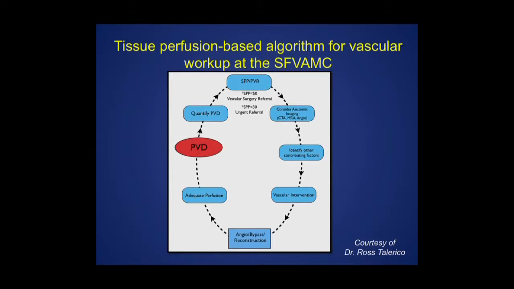At the VA, we have a protocol in place. We work very closely with the podiatrists. If PVD is suspected, screening tests take place, and then those patients are referred to vascular surgery, where a vascular intervention and revascularization can take place if necessary.